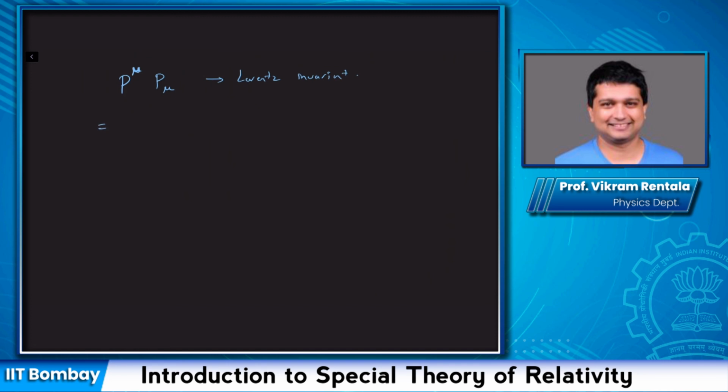This quantity, where this is a covariant 4-vector and this is the contravariant 4-vector, I can write using the metric g mu nu as p mu g mu nu p nu, or in matrix notation, p transpose dot g dot p. All of this is a 4-vector dot product.